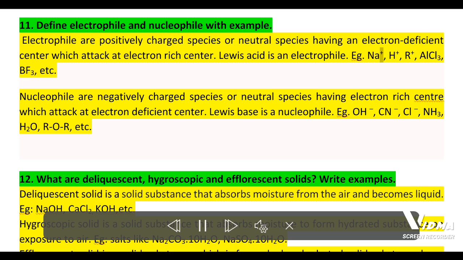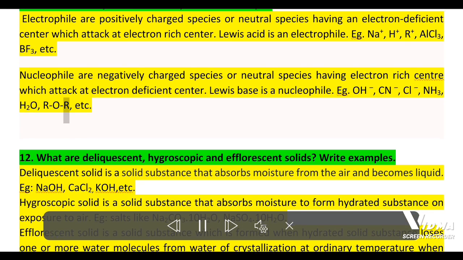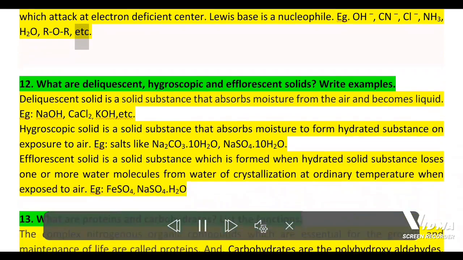E.g. Na+, H+, R+, AlCl3, BF3, etc. Nucleophiles are negatively charged species or neutral species having an electron-rich center which attack at an electron-deficient center. Lewis base is a nucleophile. E.g. OH-, CN-, Cl-, NH3, H2O, ROR, etc.